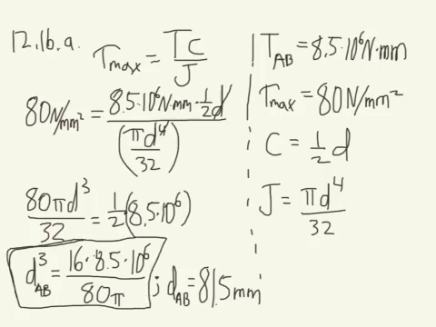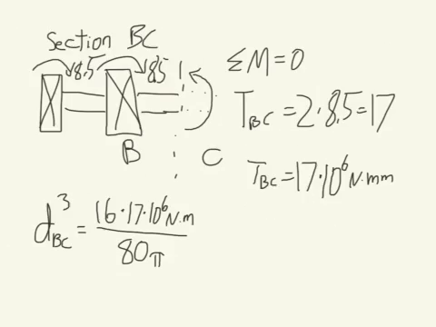So I'm going to rewrite what we came to, using the torque from B to C, which we just found, instead of the torque from A to B. Here's our expression for the diameter from B to C. All I did is put 17 here instead of 8.5, because the internal torque from B to C is that entire 17 kilonewton meters that the motor is applying.